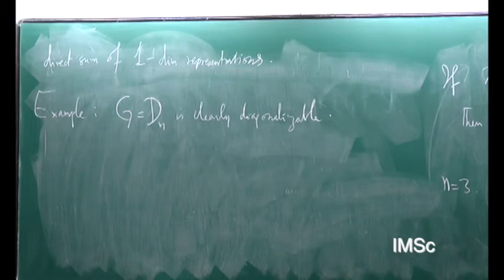If I want a homomorphism from here to K star, give me one example. Projection. Each projection is a character, right?